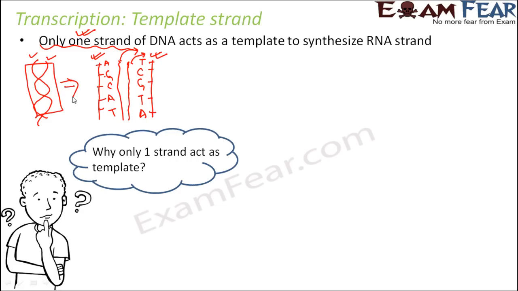For example, a part of DNA might be trying to code for the protein which will give brown eye color, or characterize any color for the eye. But if two proteins get synthesized, one for brown color and the other for blue color, that is going to create confusion. That is why only one protein needs to be created for a particular segment of DNA. So that is another reason.